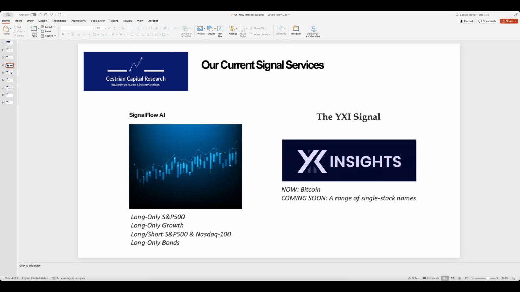In that long short service, there are five positions that the service can indicate to hold: SPY, long the S&P 500; QQQ, long the Nasdaq 100; SH, short the S&P 500; PSQ, short the Nasdaq; and cash.